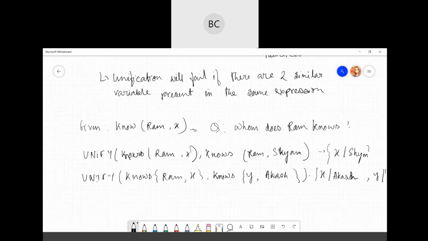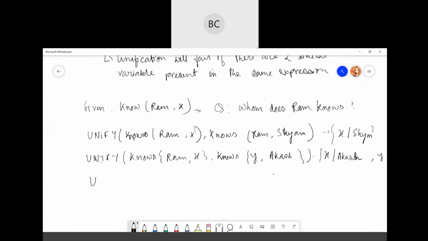Then maybe we have another sentence, Unify(Knows(Ram, X), Knows(X, Raman)). Here we cannot, it will fail. Okay, why fail?